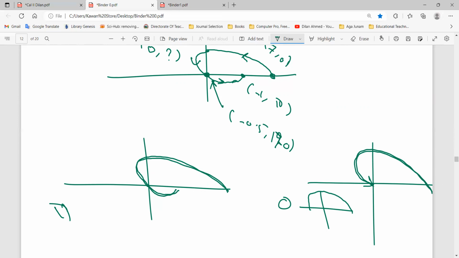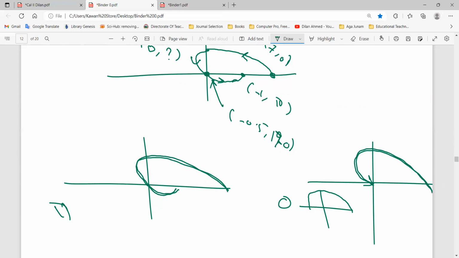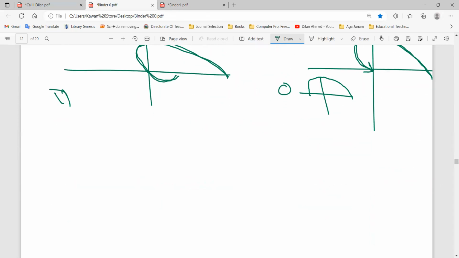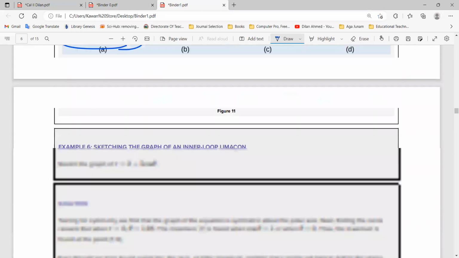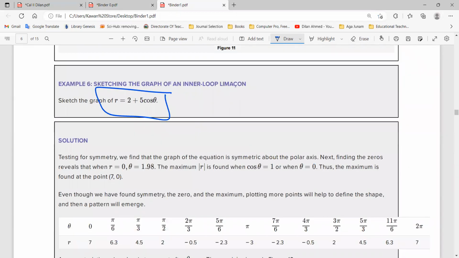We have a loop in one round, in one symmetry, from 0 to pi. So the positive is here. If I have a negative, the same thing, but it starts like that to here. How about sine? It is like that. How about cosine minus sine? It is like that. So tell me about this graph.